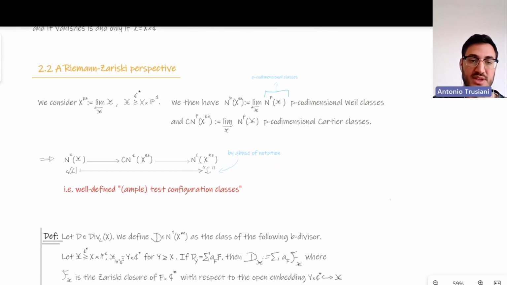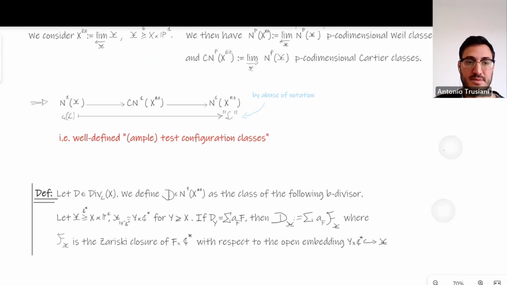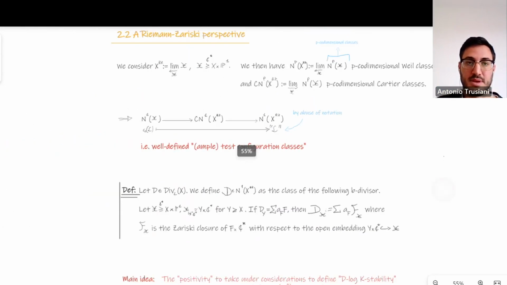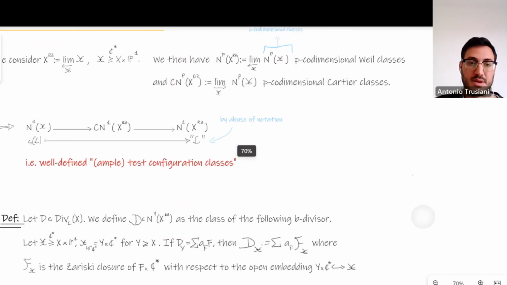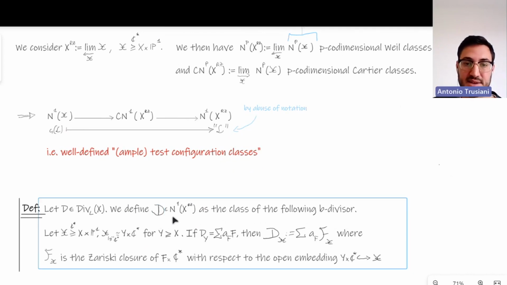So how can we encode the divisor D? We define this class, calligraphic D, as the class of the following b-divisor.